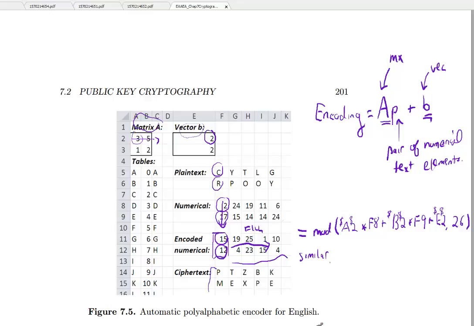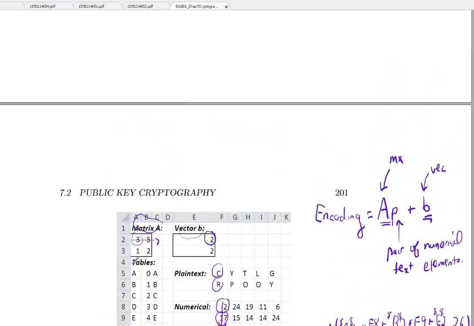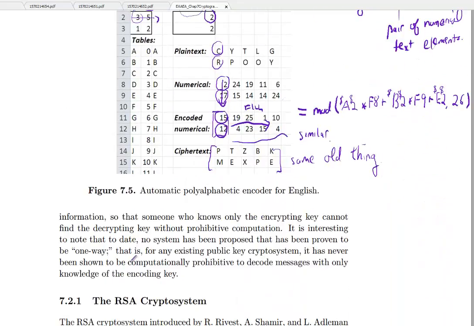To do the ciphertext, you're doing the translate back. That's just going to be the same old thing. Okay, use the same old method that you used before. Okay, so that's your polyalphabetic encoder, and you can use this to do all these exercises here.